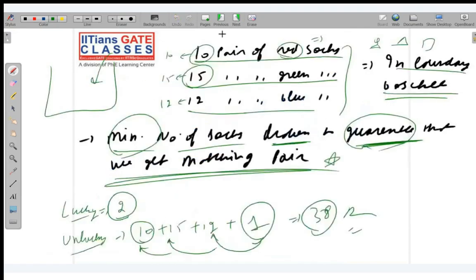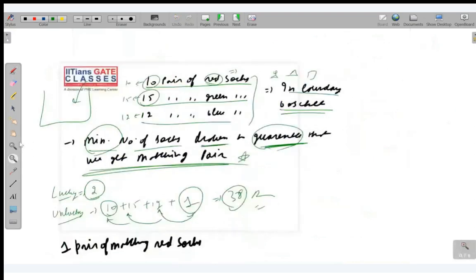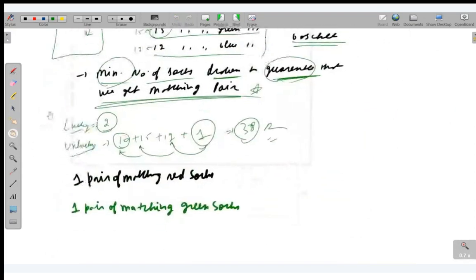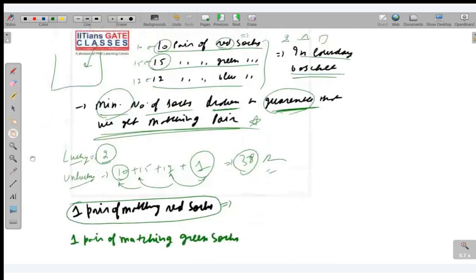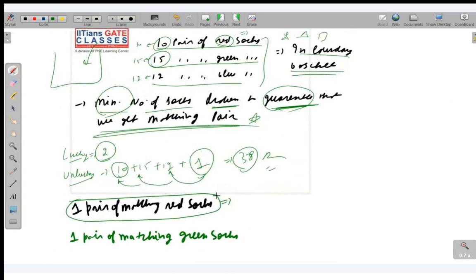So next is generating functions. Okay. And there are two more questions left. One pair of matching red socks if I want, then what will be your answer? If I want one pair of matching red socks, so what I will say? I will say first I will pick 10 socks and all are different. All are from different pairs. Red we have taken.